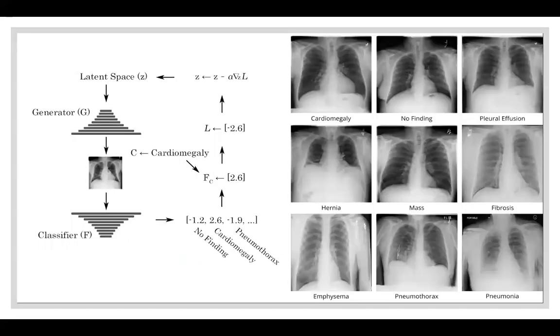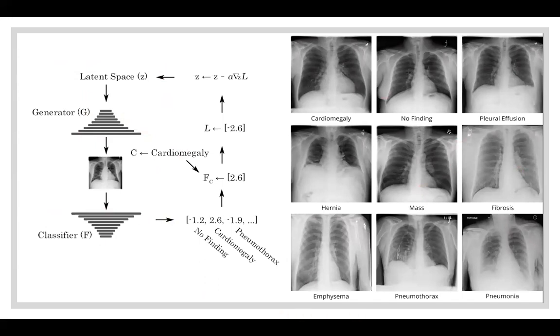One of the solutions that has come out, and this is something I worked on, is that if you take an unsupervised GAN and you just freeze the generator, you can perform a search through the latent sampling space for examples of a class if you've got a classifier for that disease. And this is an example of what you can do.